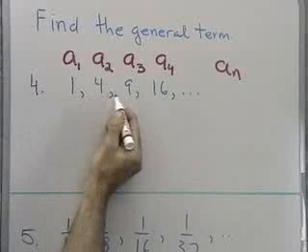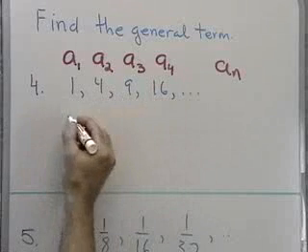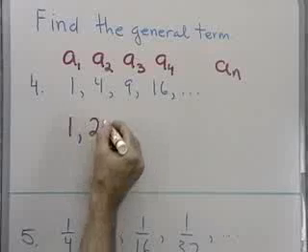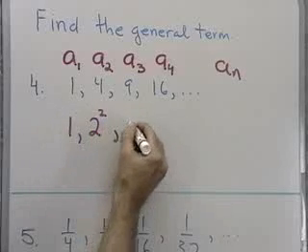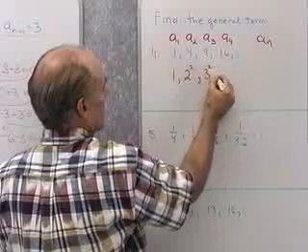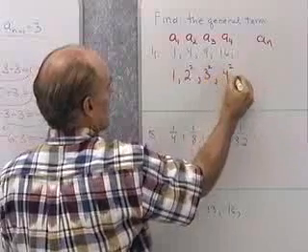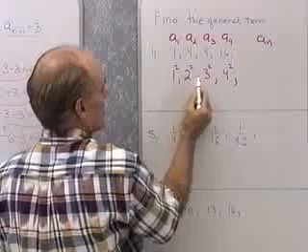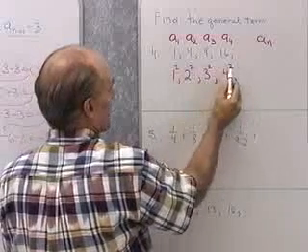Well, let's see if I can write these in terms of their defining characteristics. This will be 1, this will be 2 squared, this will be 3 squared, and this is 4 squared, and it looks like 1 is 1 squared, so it looks like 1, 2, 3, 4 all to the second power.